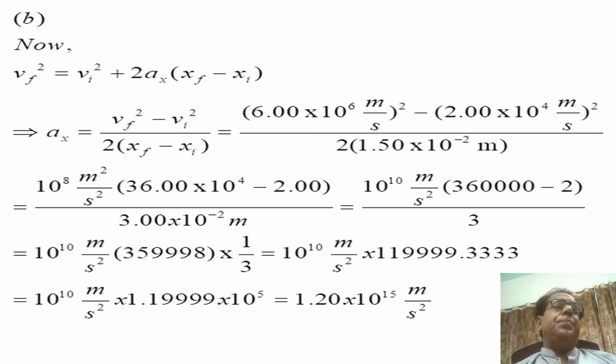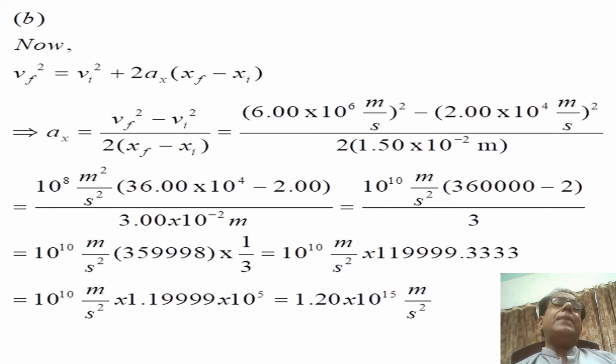Now part B. Vf squared is equal to Vi squared plus 2a_x (xf minus xi). From here, if we keep a_x on one side, the expression takes the form a_x equal to (Vf squared minus Vi squared) over 2(xf minus xi).